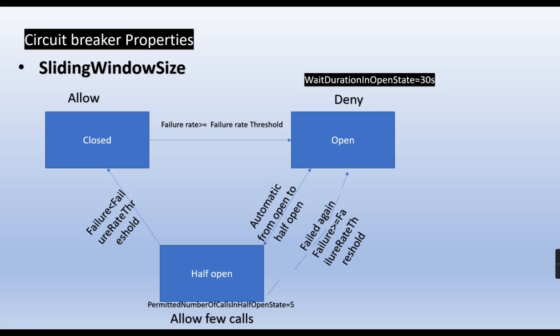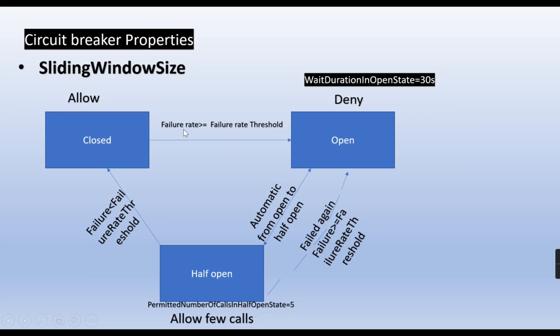We also need to set the failure rate. Like the sliding window size we are setting as 100, and the failure rate threshold we are setting as 60 percent. Suppose 60 percent of the calls failed out of 100, then it should be open status. So here the sliding window size is 100 and the calls are failing 60 percent out of 100.